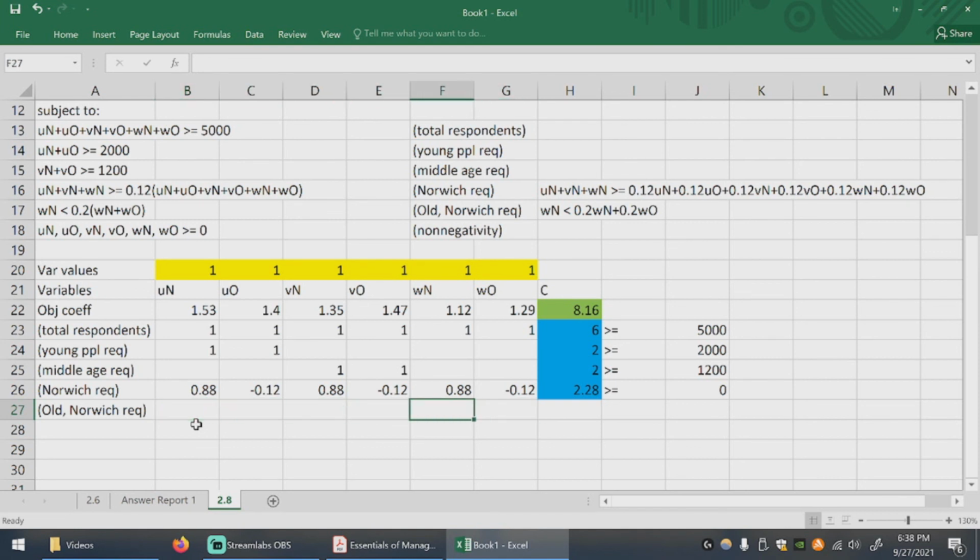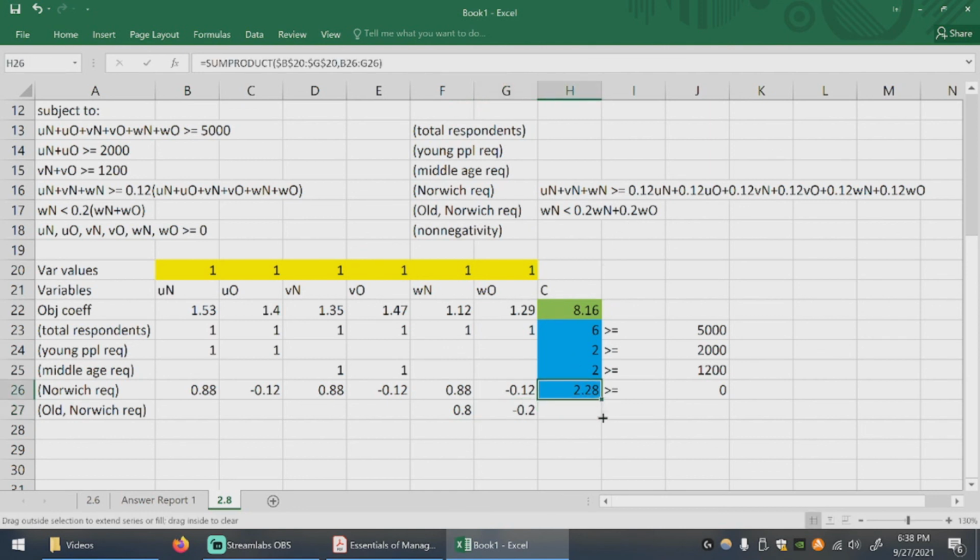The others are all zeros, which a blank cell would be, in this case, read correctly by Solver. WN, 1 is already there, minus 0.2, 0.8. WO, nothing is there, only this guy moves over, negative 0.2.